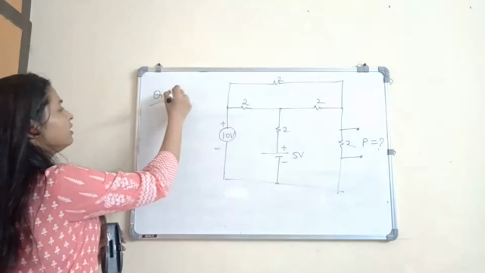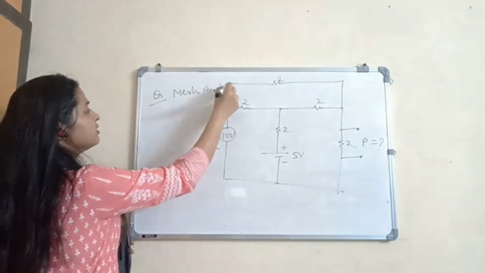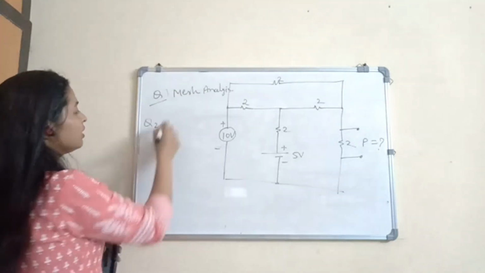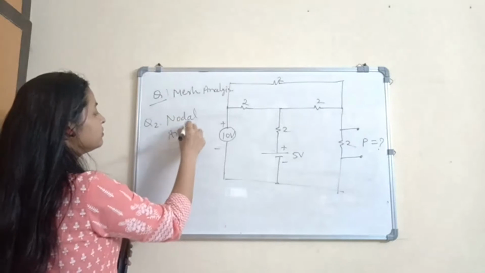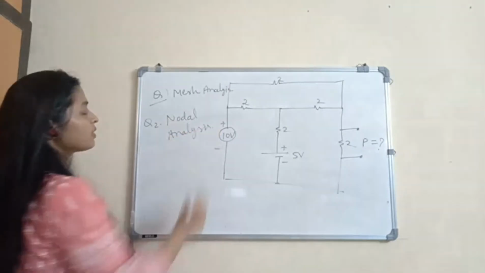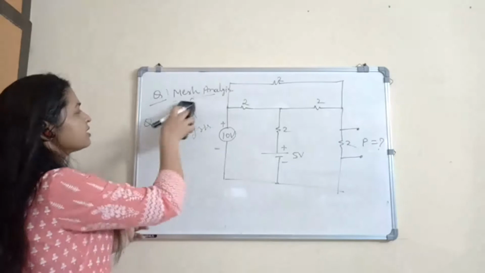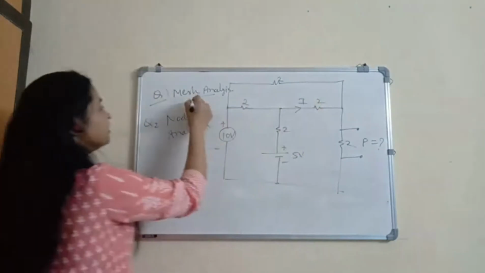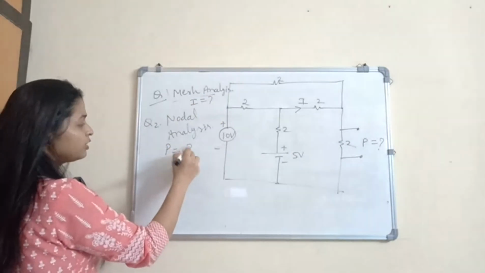Question 1 is mesh analysis, and question 2 is nodal analysis. Mesh analysis, again, let's take some other parameter. Through mesh analysis, calculate I. And through nodal analysis, calculate P.